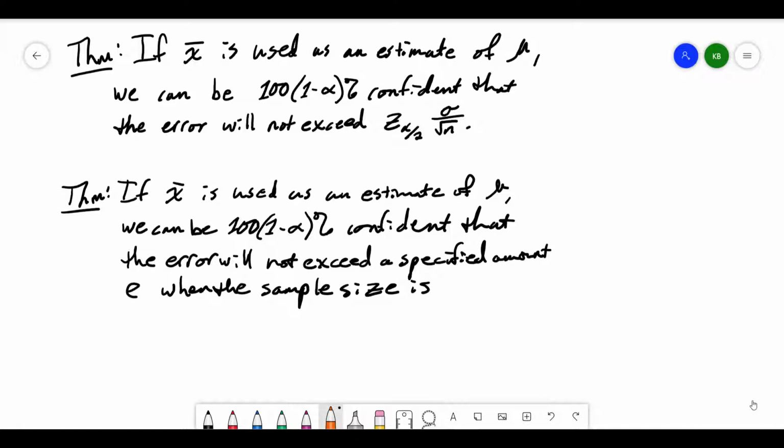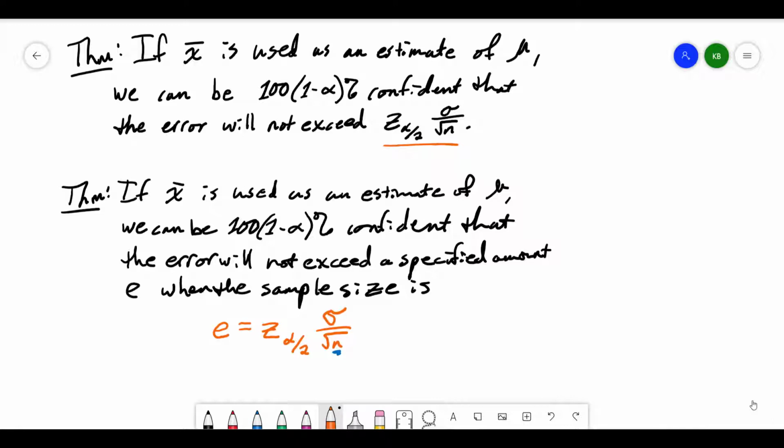size is. Now, the way that this is found is E is set equal to this part from theorem 1 that I know the error won't exceed. So z sub alpha divided by 2 times sigma divided by the square root of n. So all I'm doing is going to solve for my sample size right here, and I'm going to have the result of this theorem.